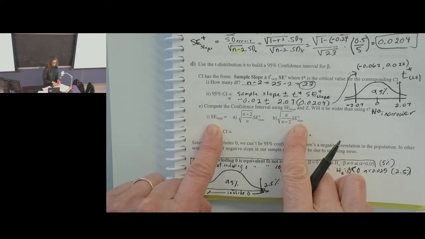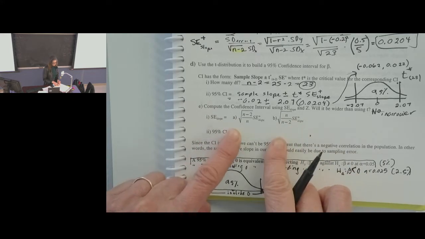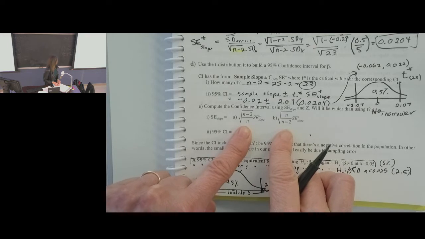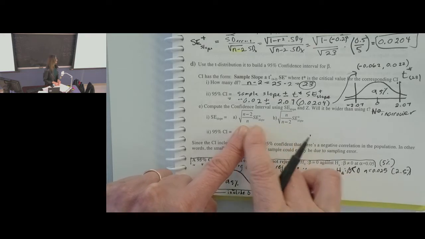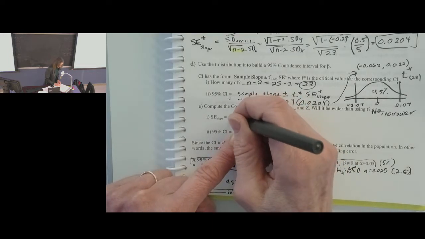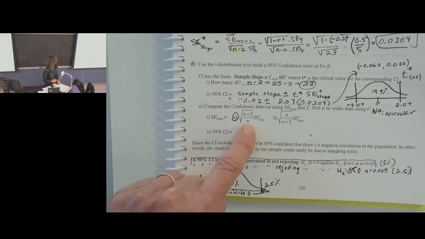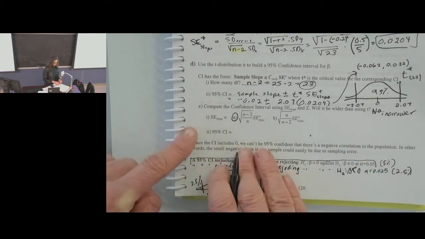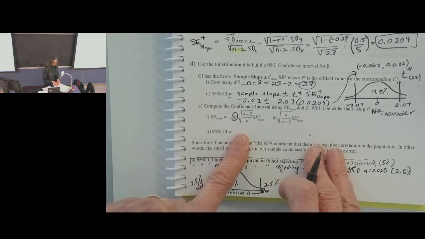So if we want to make it smaller, we're going to have to multiply by a number less than 1. So is this less than 1, or is this less than 1? This one's less than 1, smaller in the numerator. Okay, does that make sense? So you know how to switch back and forth.